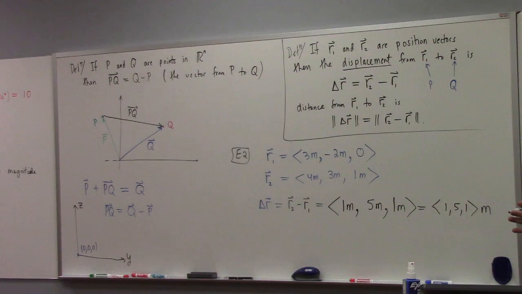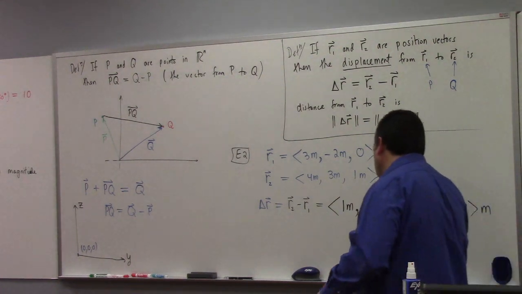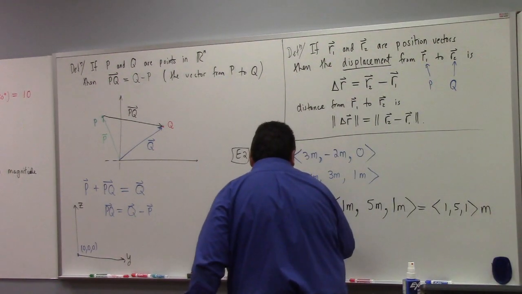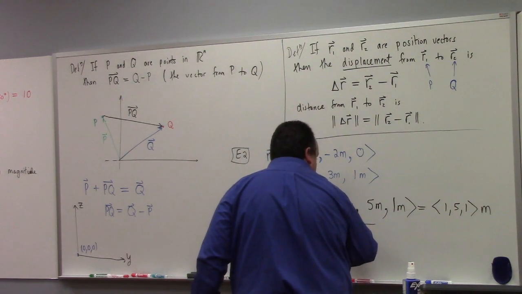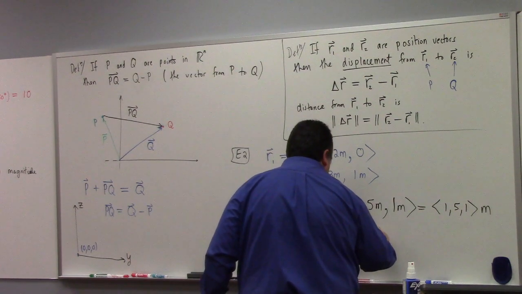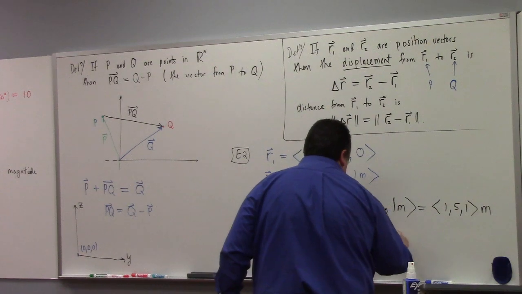How far apart are they? That would be the distance from the shoulder to the extension of Ruth. Let's see here. So we're talking about the square root of 1 squared plus 5 squared plus 1 squared. And we've got a meter out there.